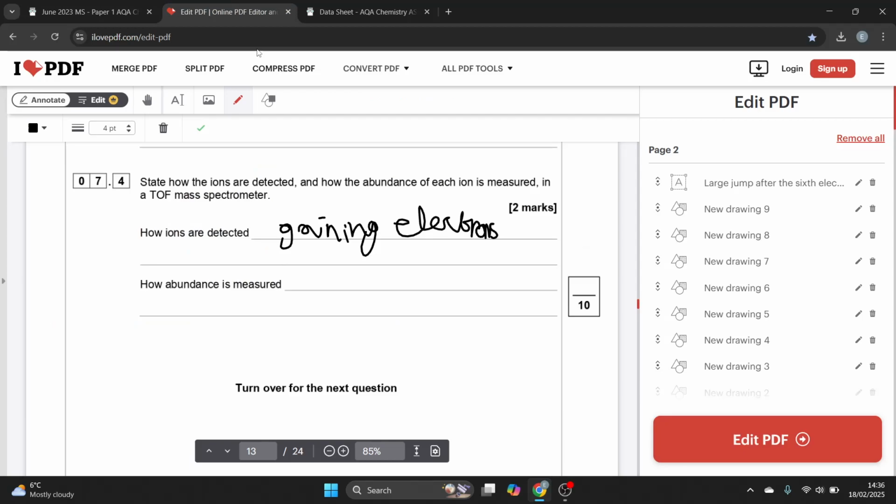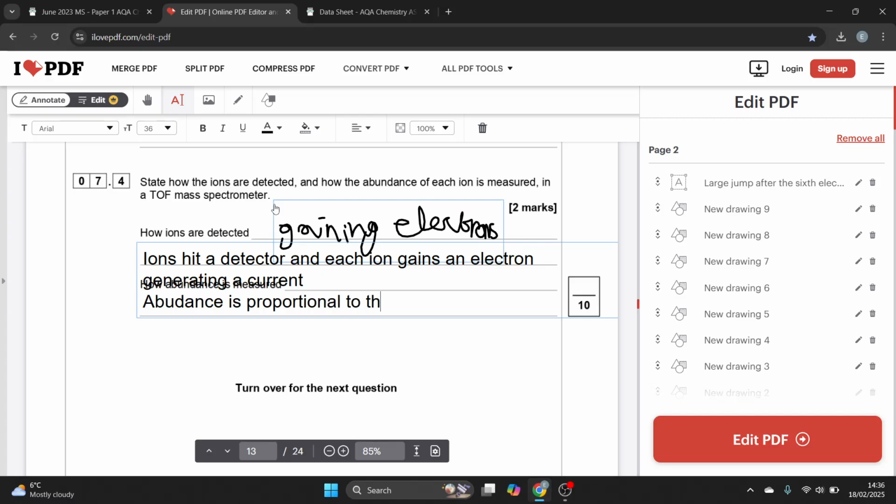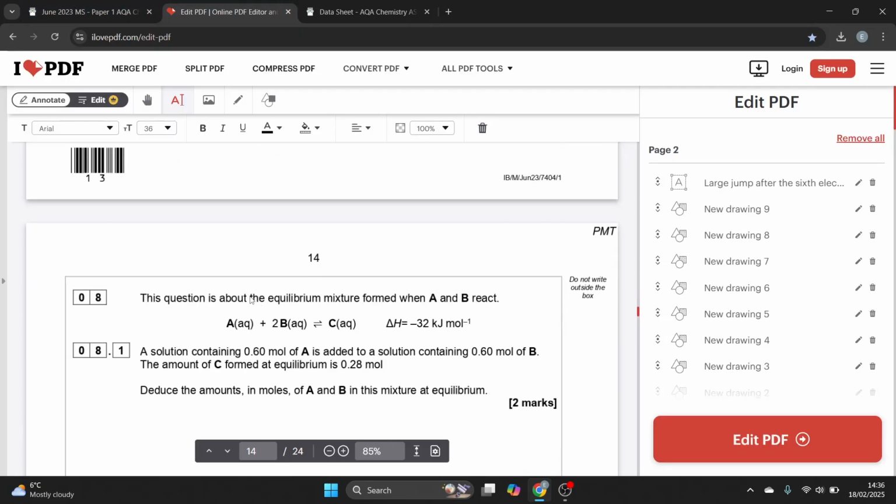Ions hit a detector and each ion gains an electron, generating a current. And then how abundance is measured? Abundance is proportional to the size of the current. Perfect.